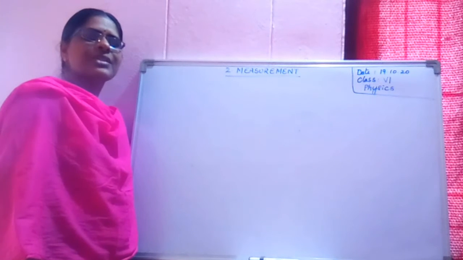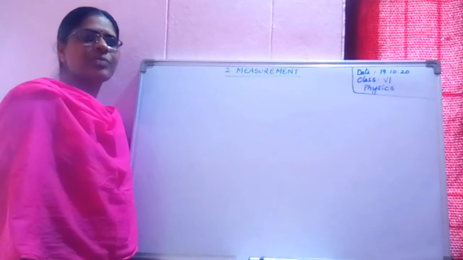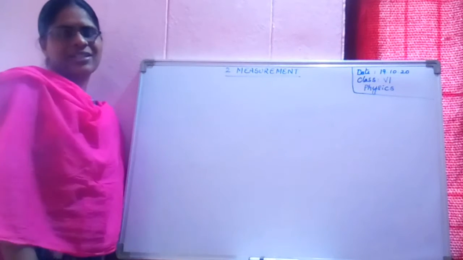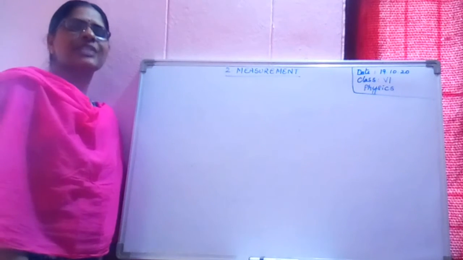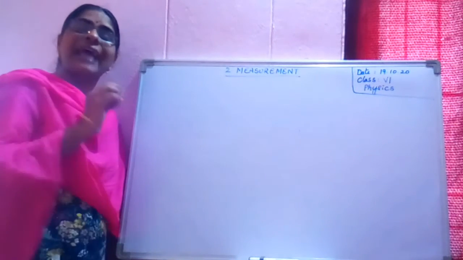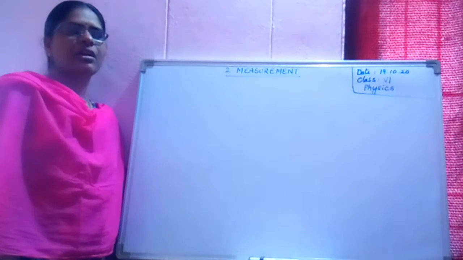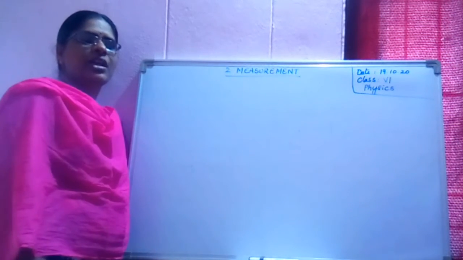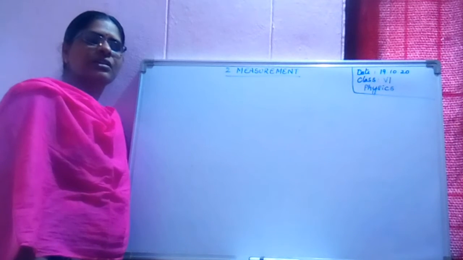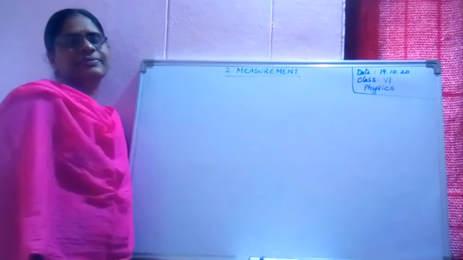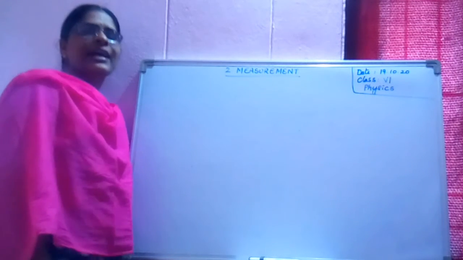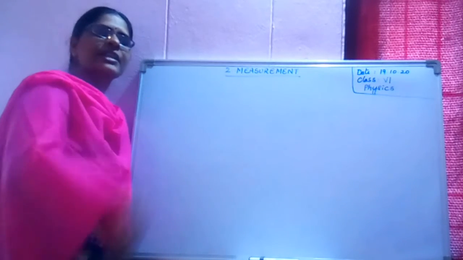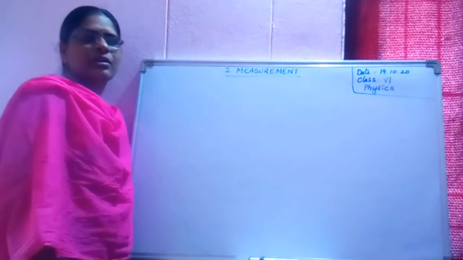Then how can you say? Just by seeing all the people, by simply standing, we cannot say accurately that he is the taller person. Hence we need something to measure. If I measure the height of a person, I can say that person is the taller one.